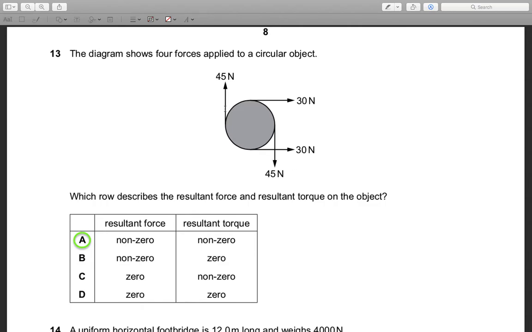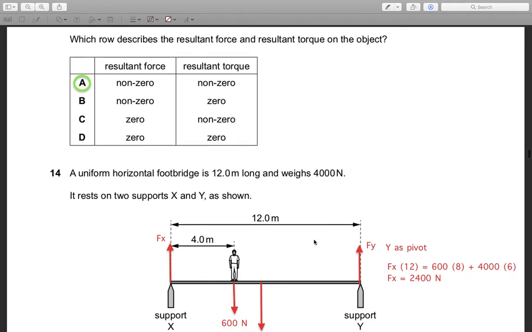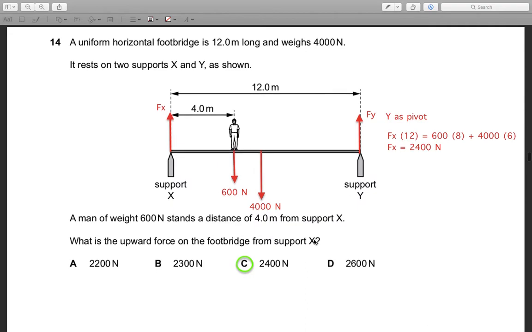The 45 newtons are in the same direction, clockwise. So the torque is not 0. It is 45 plus 45 times the radius of this ball. The resultant torque is also not 0. Yeah, the answer is A.